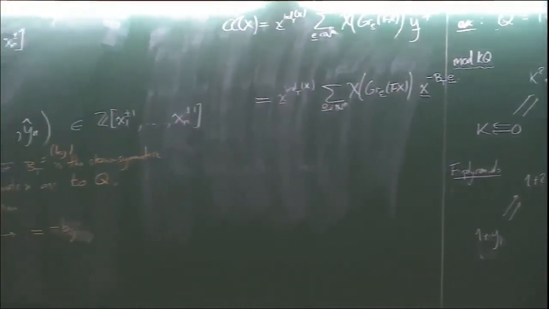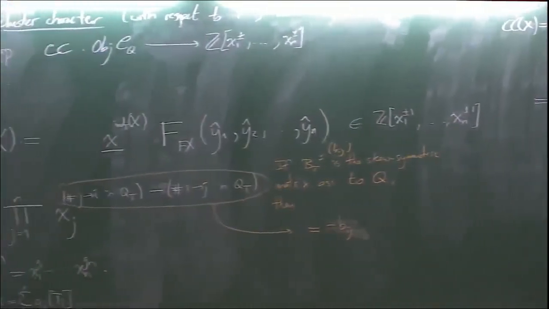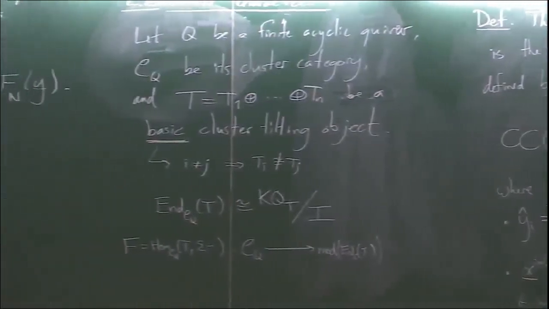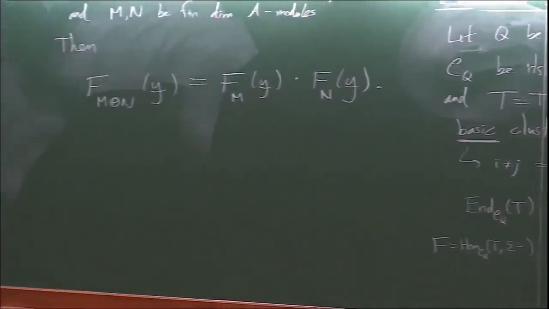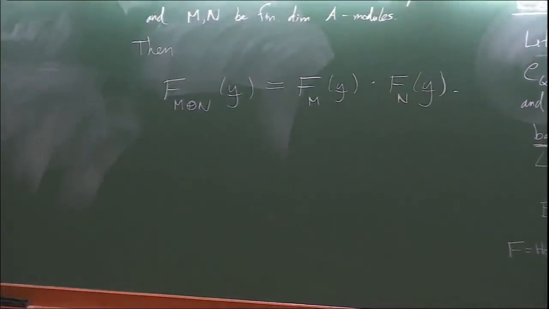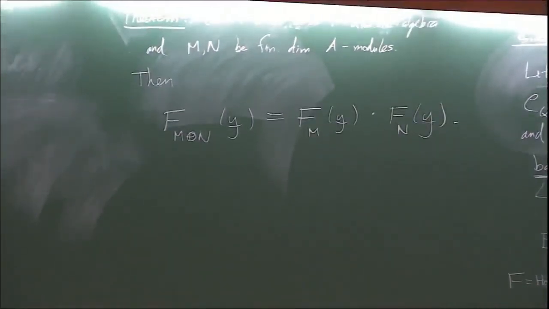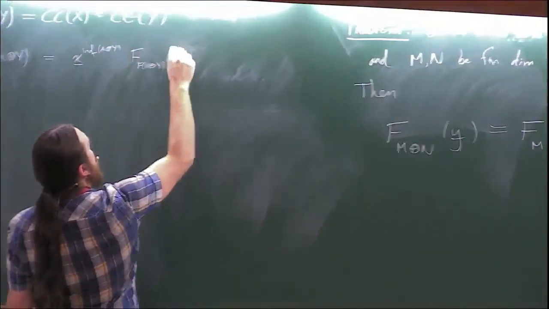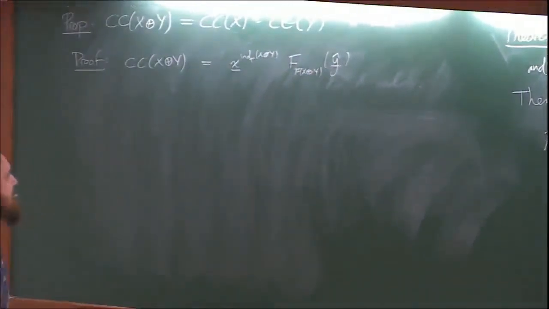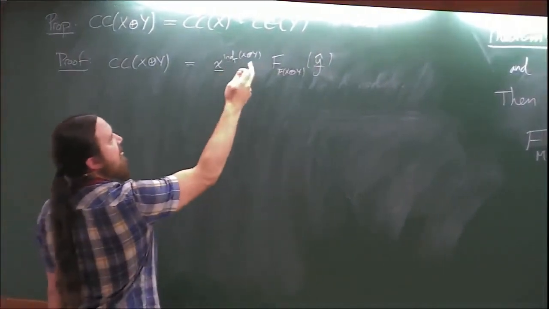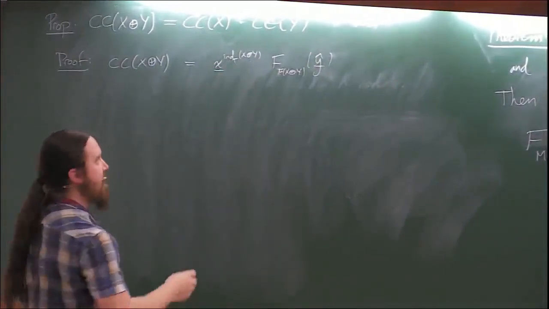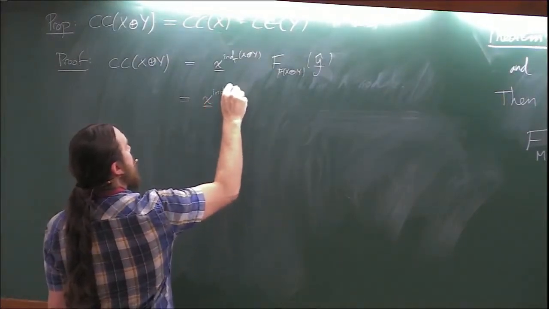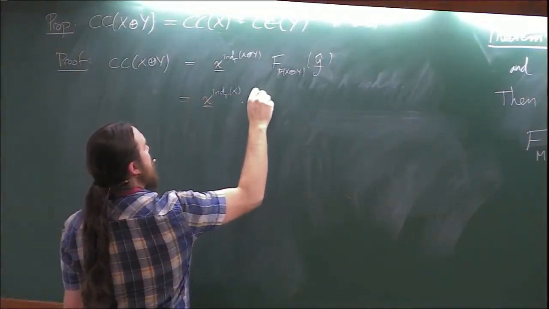So this thing here, by definition, is x to the power the index of x plus y, times the F-polynomial of the direct sum of f of x and y applied to y hat. But we know that the index of a direct sum is the sum of the indices, so you can split this into two.